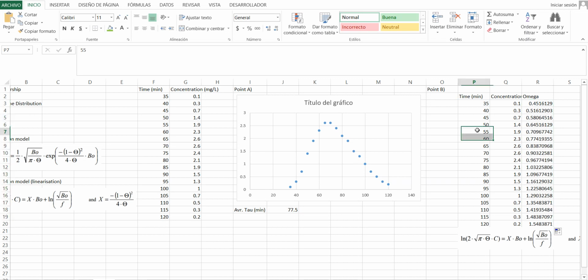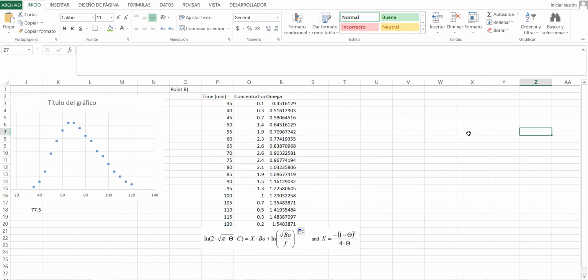Let's go back to this equation and calculate the x-axis. Here they tell us what the x-axis is. That would be minus 1 times (1 minus omega) squared, divided by 4 times omega.